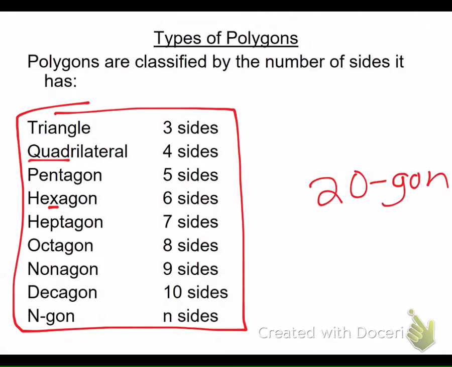If it had 50 sides, we call it a 50-gon. So it would be like anything past 10. I think 12 has a special name, dodecagon, but if you said 12-gon, I'd be okay with it. So yeah, just 3 through 10 you kind of have to memorize, and then after that you can just go with n.